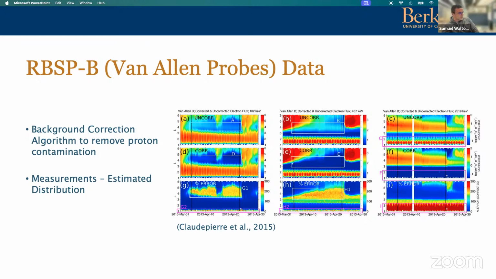The data set we're using is a corrected data set that's been put through a background correction algorithm described in Claudepierre's 2015 paper, which essentially estimates the distribution of protons down at the low L regions and then subtracts that from the measurements. There's lots of detail in the paper, but it's quite interesting.